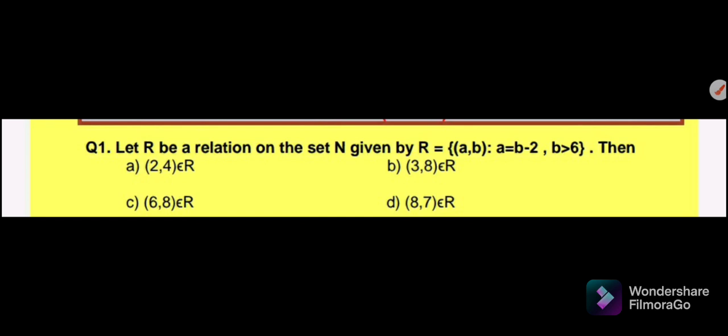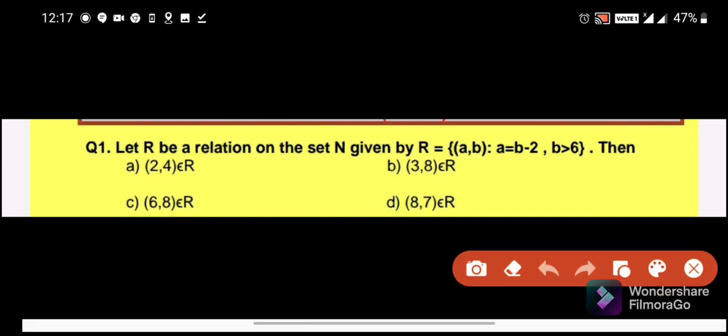Next question. Let R be a relation on the set N given by R = {(a, b): a = b minus 2 and b greater than 6}. Now a is equal to b minus 2 and b is greater than 6.